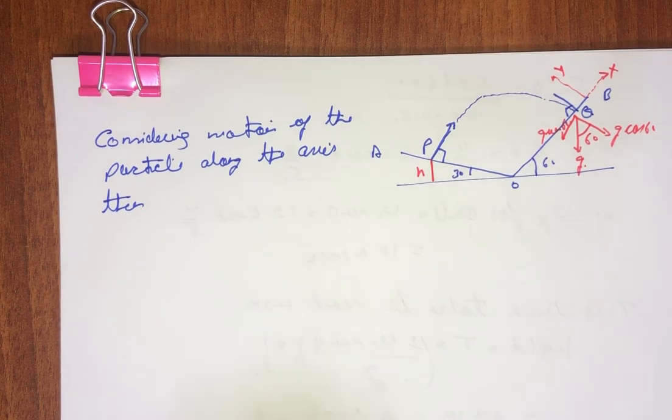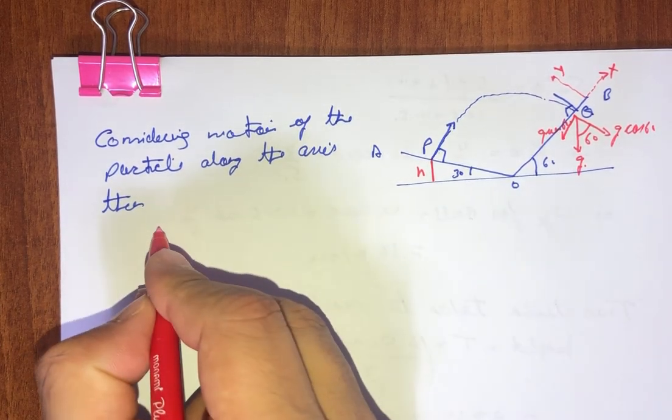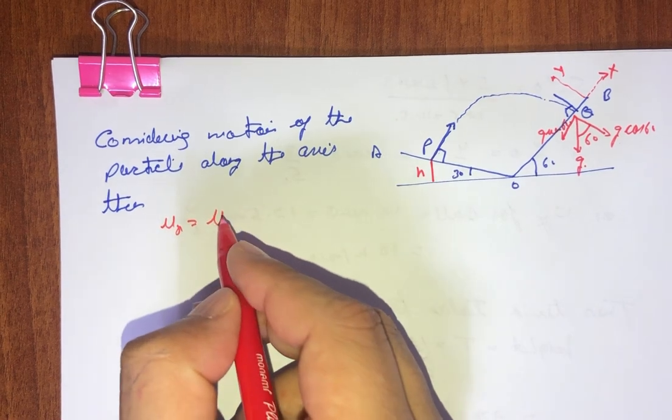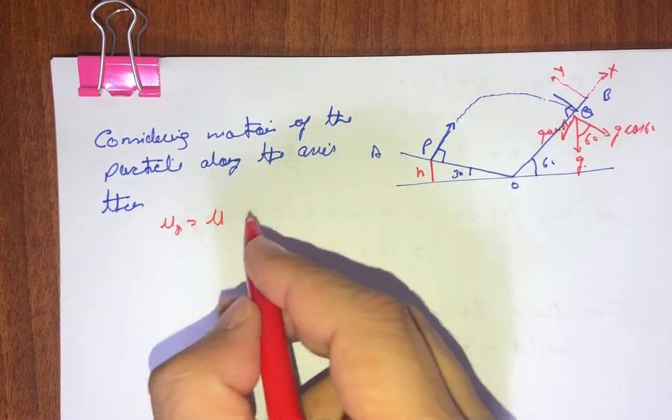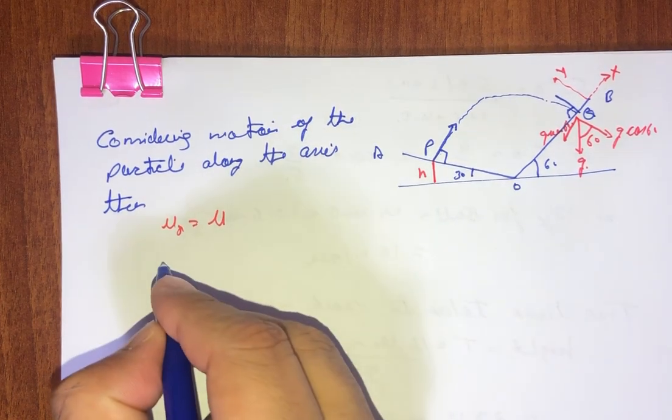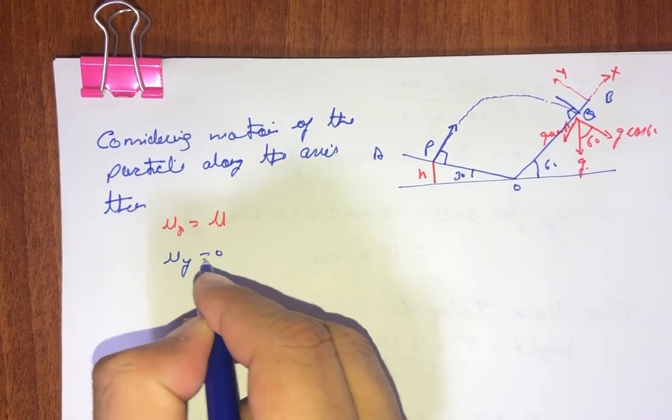It means u of x, the initial velocity in the x direction, will be equal to u, and in the y direction the initial velocity component will be equal to 0.